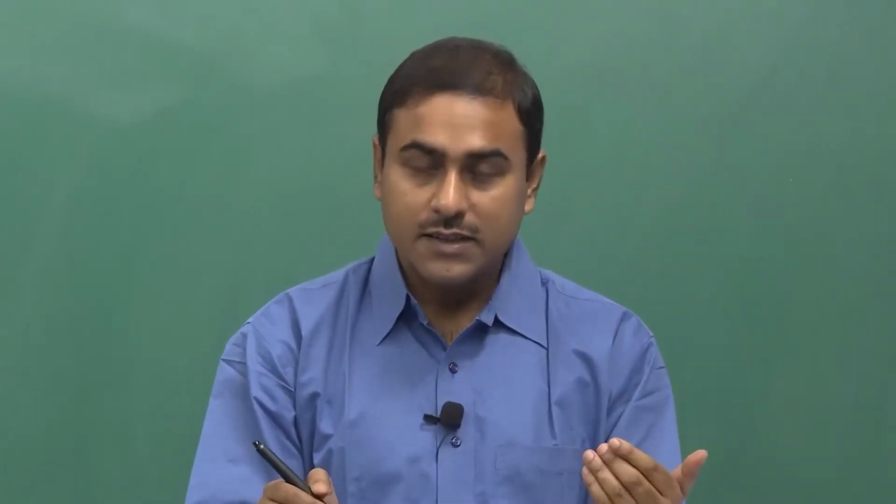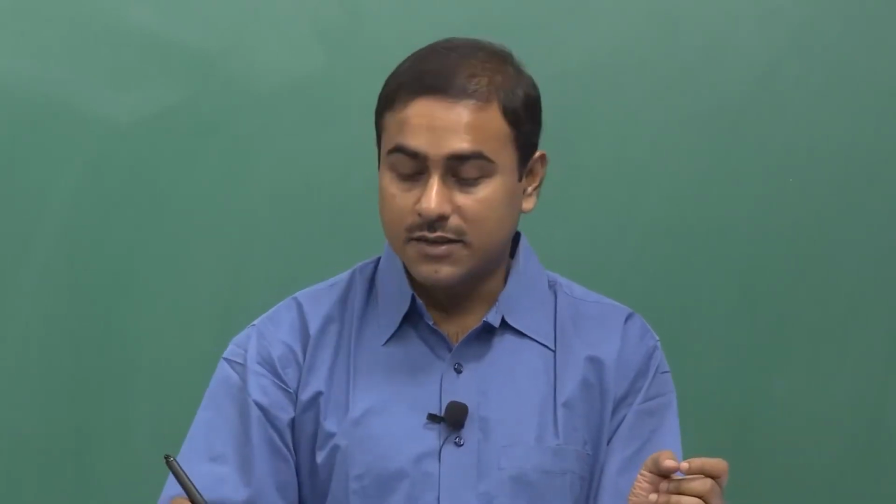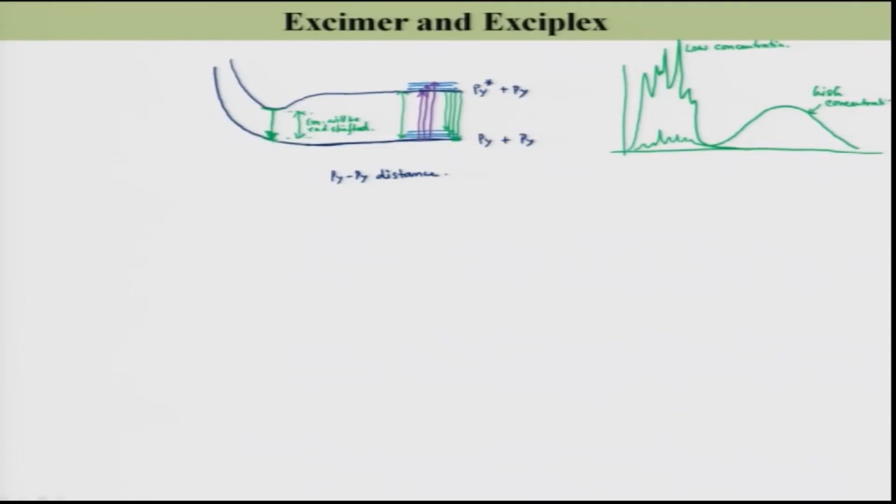In this case, you can see that dimer formation in the ground state is not visible. This is the fluorescence intensity, and here is lambda emission. But if you look at the absorption spectra of this molecule, you will not see any change.